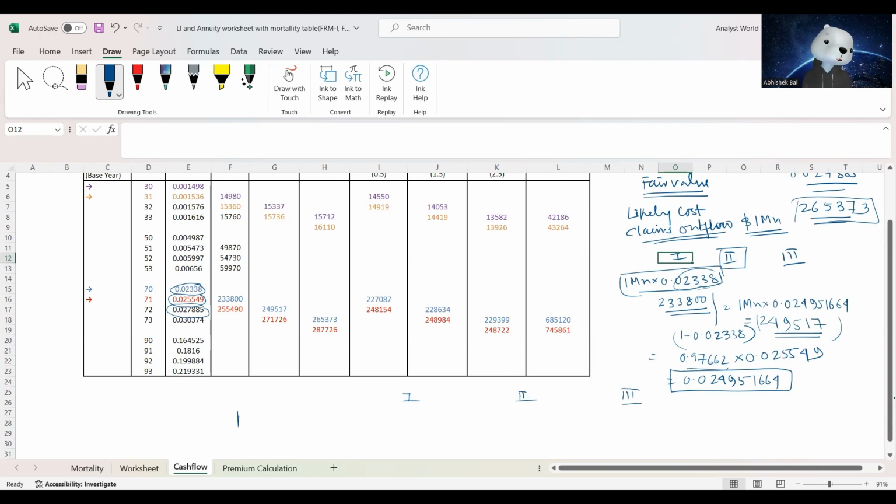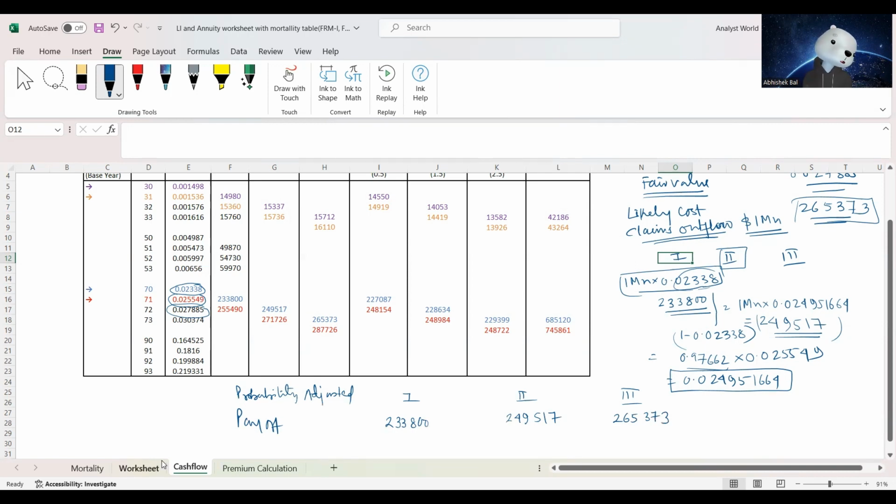Now the probability adjusted payoff, we write here as 233,800, in the second year 249,517, and in the third year 265,373. Okay, so what else is remaining?